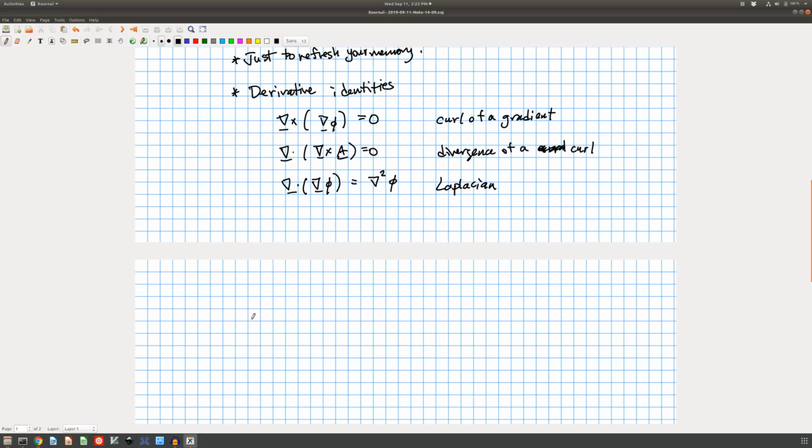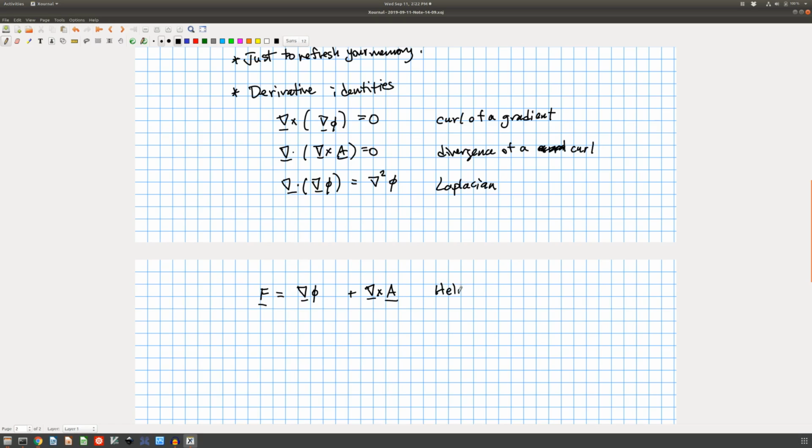One more quick thing to mention about these derivative identities. Because these are 0, it turns out that any vector function f I can write as the sum of two parts: a part that is a gradient and a part that has a curl.